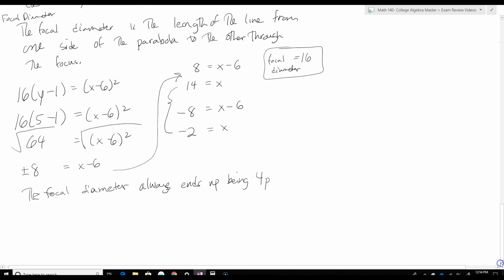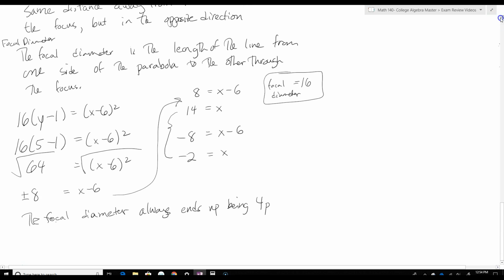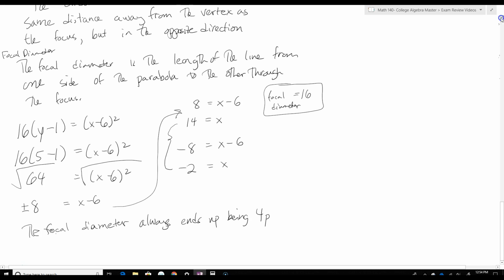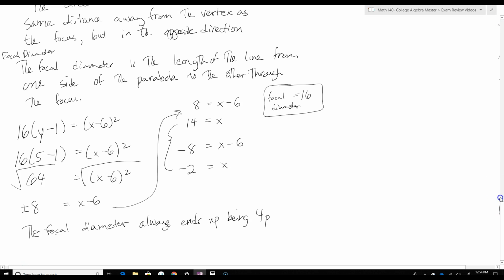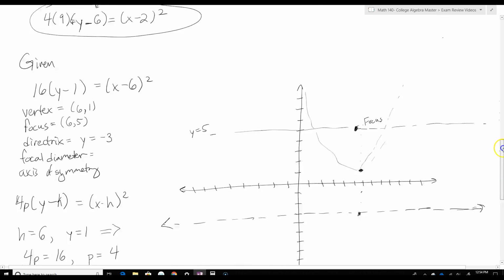Right. So let's take a look at, by the way, that the focal diameter then allows us to actually complete the drawing of the sketching of our parabola.